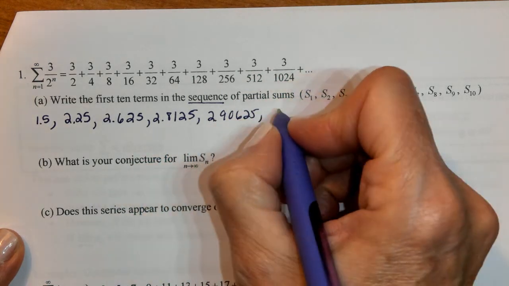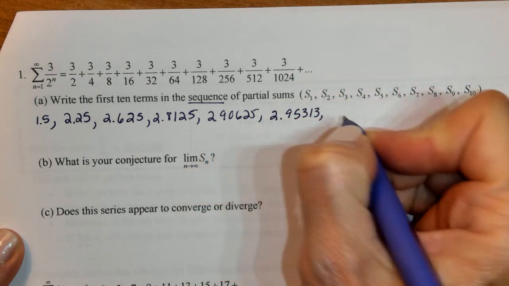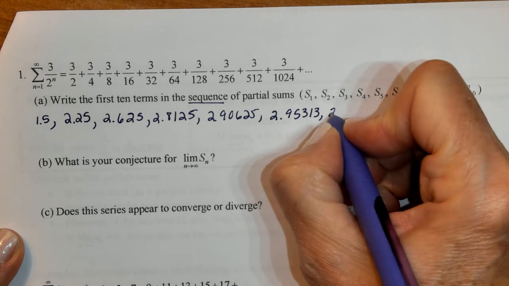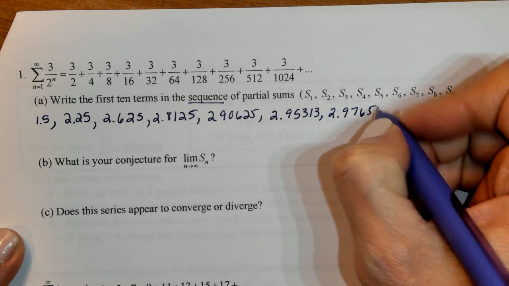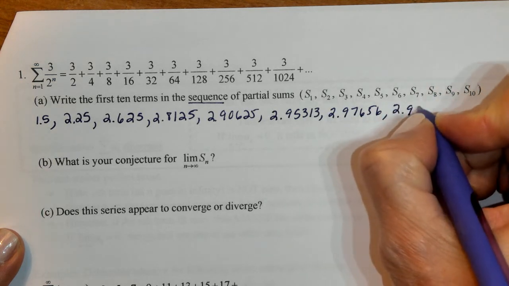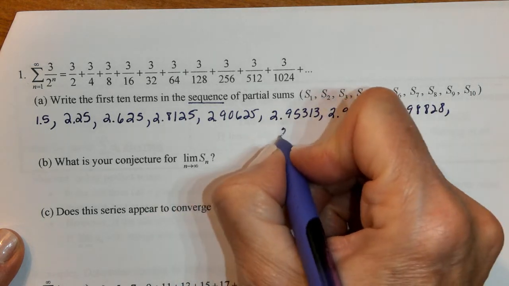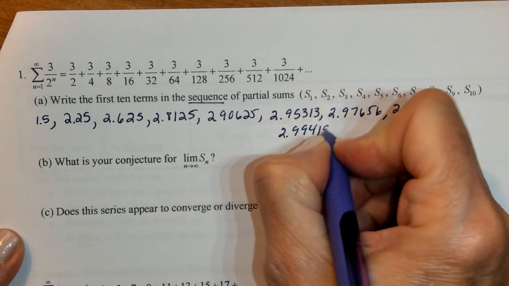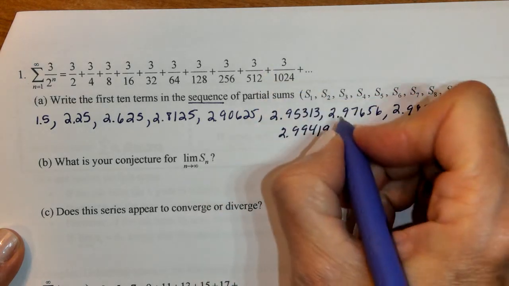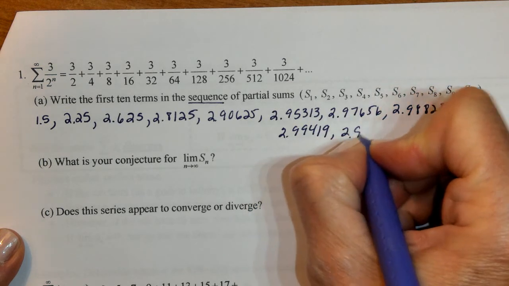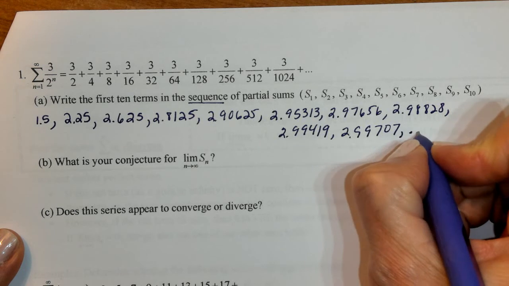Add the next term, and I get 2.95313. Add the next term, 2.97656. Add the next term, 2.98828. Add the next term, and I get 2.99419. And then add this last term, which look how small it is, and I get 2.99707. This sequence would continue.